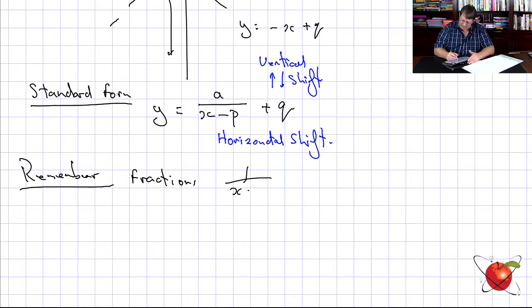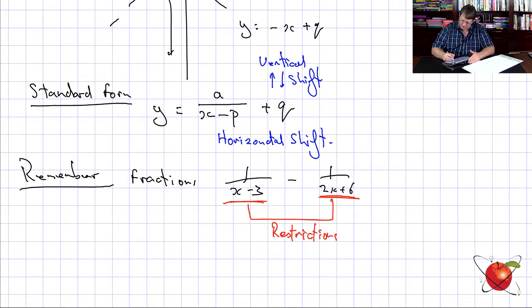We had 1 over x minus 3 minus 1 over 2x plus 6 or whatever. What did we do when we saw those? The x at the bottom told us about restrictions, didn't it? Whenever we see an x underneath, we have to note restrictions, because there's a value that x can't be. So what do?